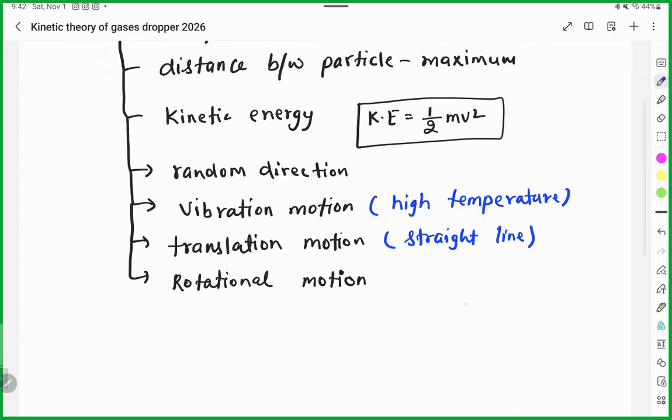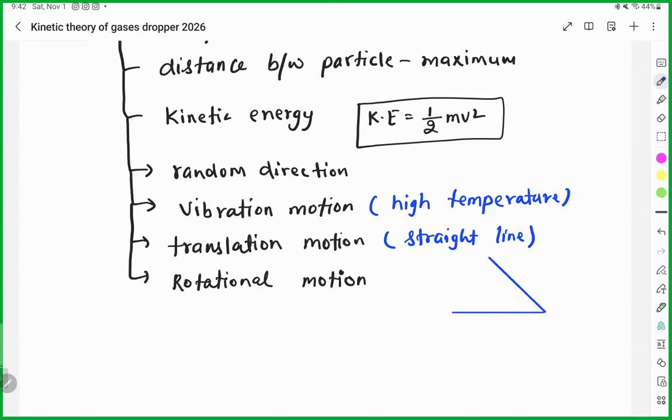Sir, you had written that vibrational motion means to-and-fro motion, and rotational motion happens at high temperature. No, vibrational and rotational motion both usually occur at high temperature, because if the temperature is normal, particles will try to move in a straight path.